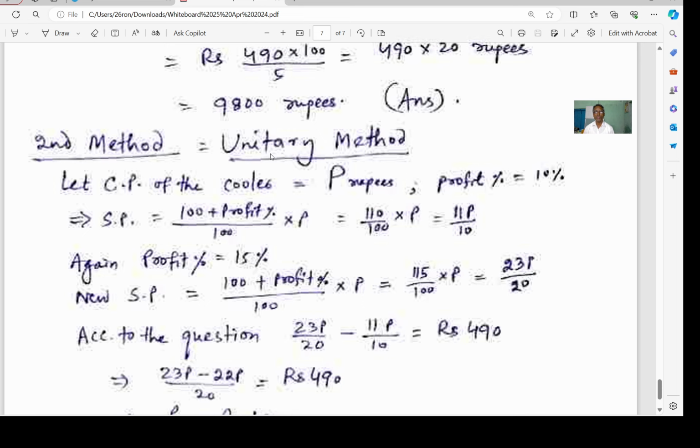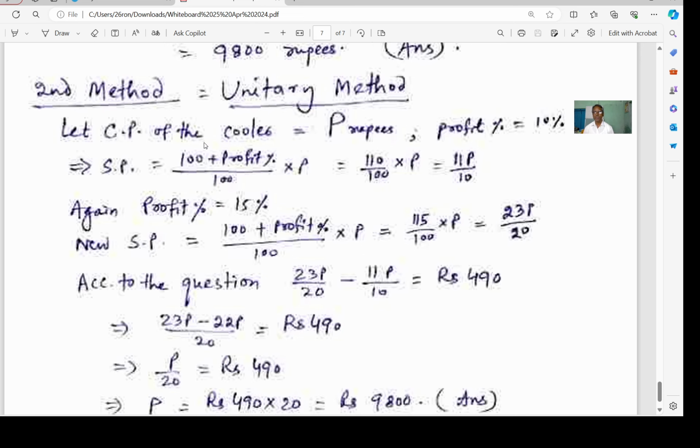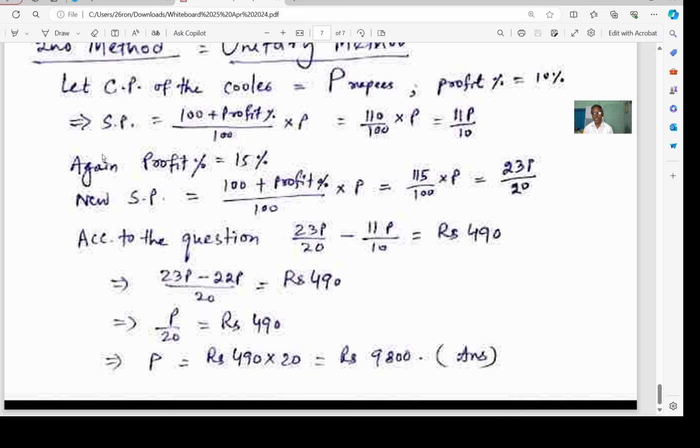Second method, or unitary method. Let cost price of the cooler be P rupees. Profit percent 10%. Sale price is (100 plus profit percent)/100 multiplied by P. This is equal to (100 plus 10) that is 110/100 into P, or 11P/10. Again, profit percent equal to 15%.